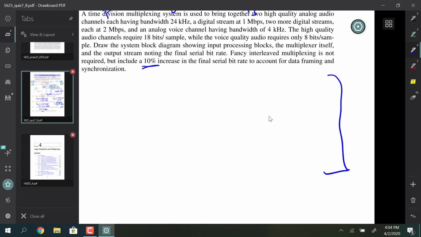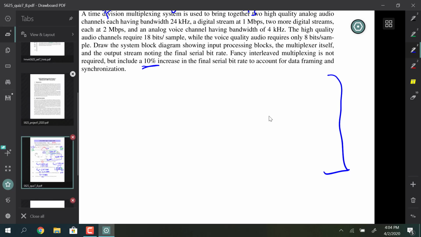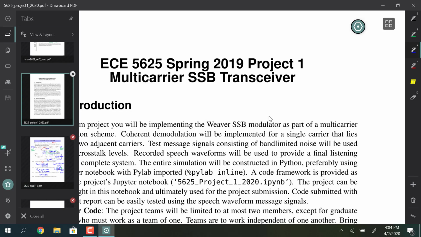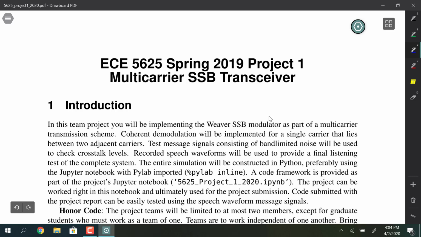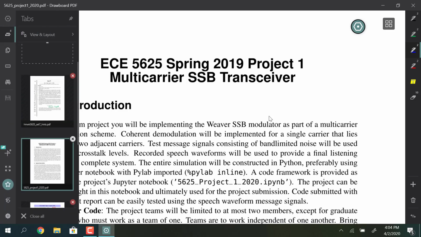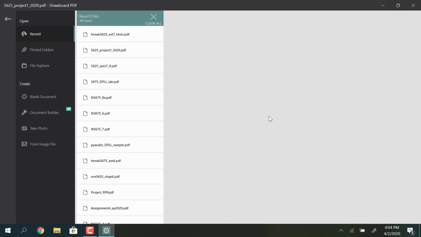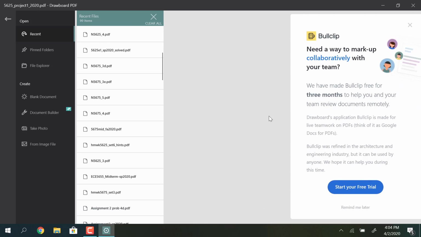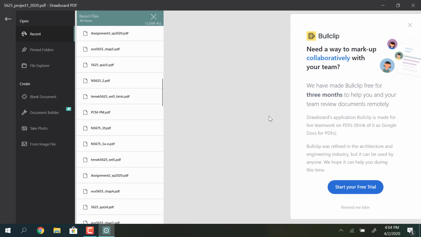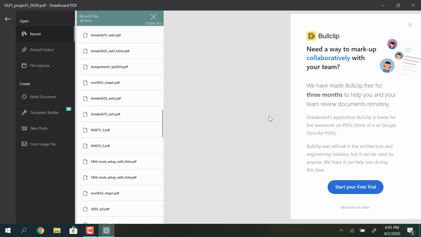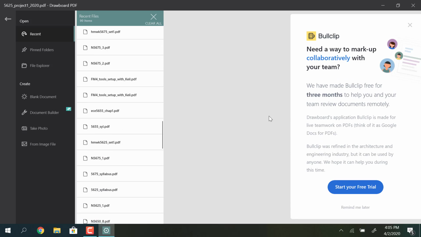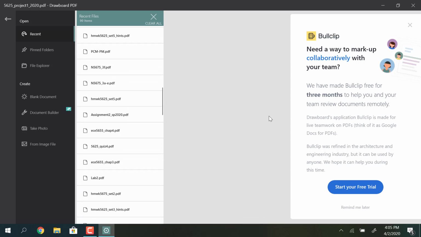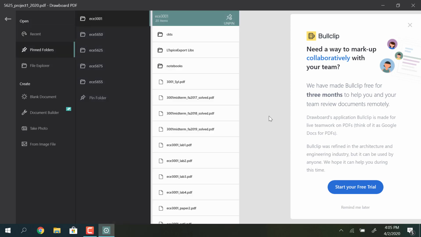So what I want to do is go talk about that. This is the project statement, but I guess what I wanted to do as the starting point was just go back to what I started to do last time, and then realized I had a mistake in my document, and I fixed that. And that is, let's see, pin folders.